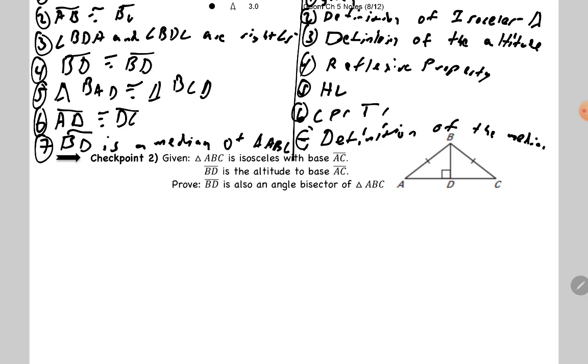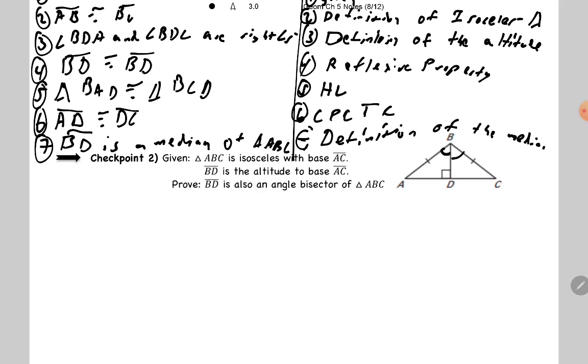Alright, checkpoint 2. Triangle ABC is isosceles with base AC. BD, is this the same for the angle bisector? Okay, this is basically the same proof, except when you make it to the bottom, BD is the angle bisector. So when you prove that the two triangles are congruent, you would show that angle ABD is congruent to angle CBD, and that would be through CPCTC, corresponding parts of congruent triangles are congruent.